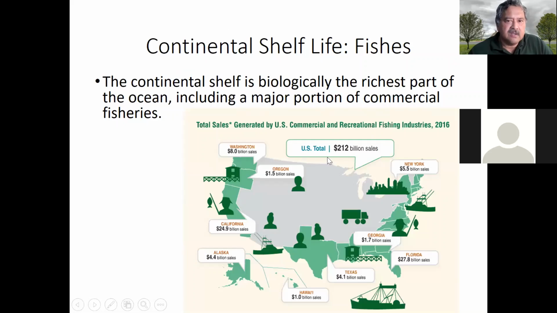2016. So if you also take a look down here, you can see that the states that contribute the most to this national total are California at 25 billion in fish sales, and then over here Florida, look at that, 28 billion.